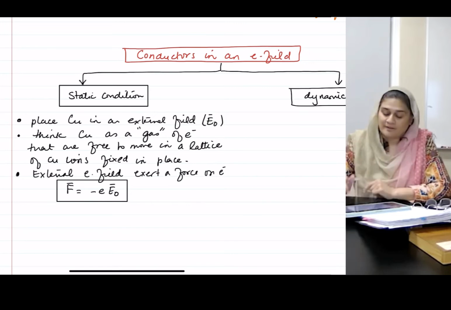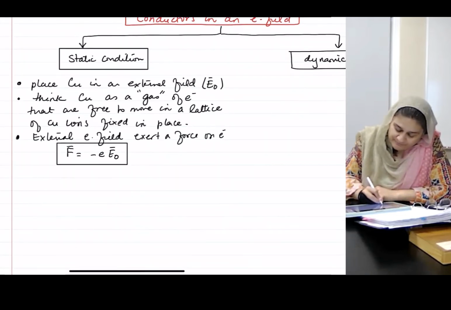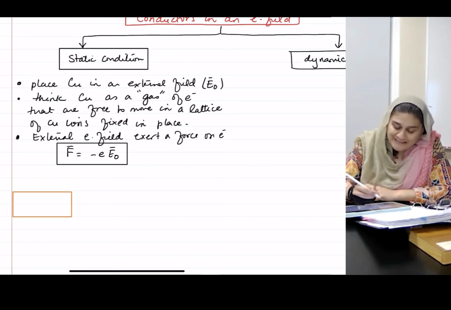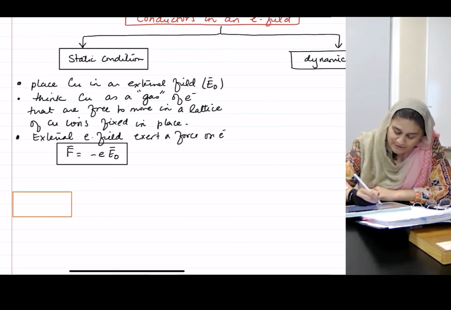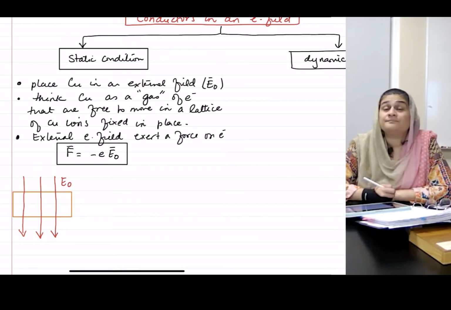So let's start drawing this. I have copper, a slab. I place it in an external E field, E0. What will happen?